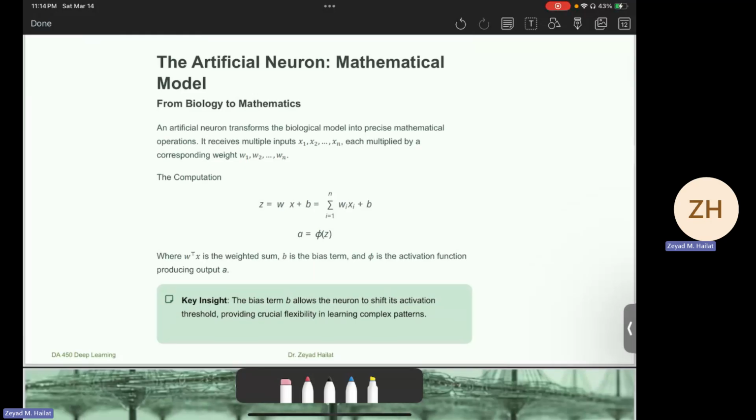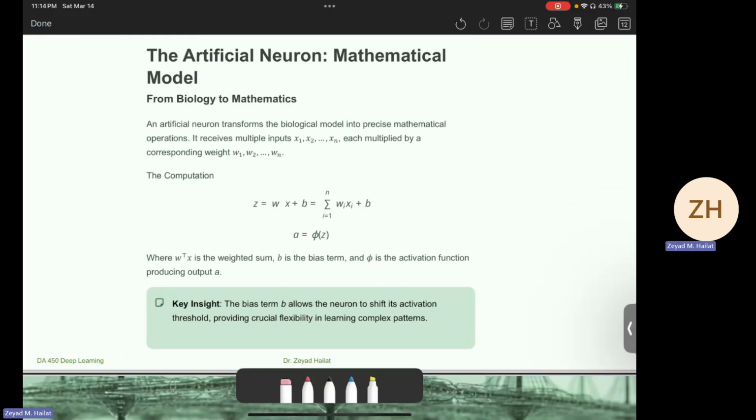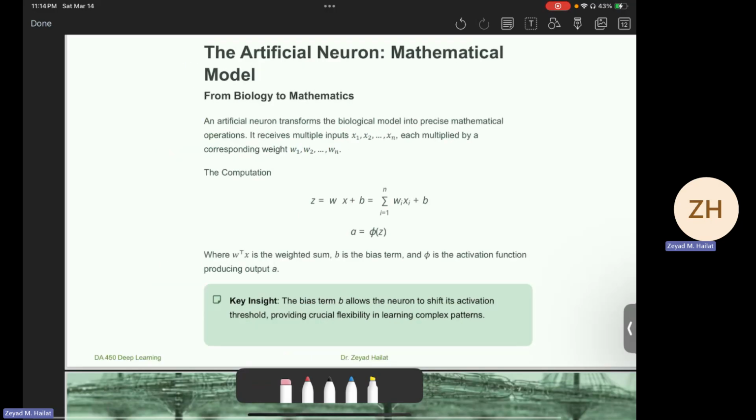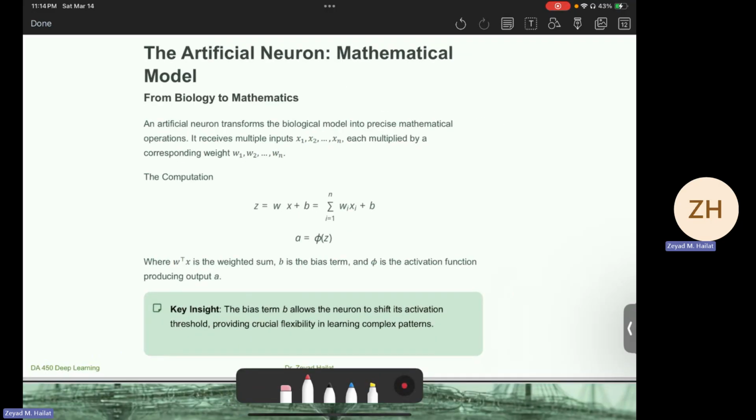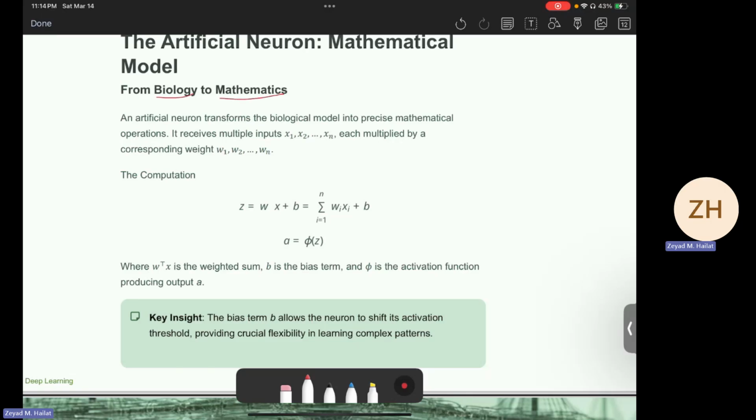Now, the artificial neural networks and the mathematics behind them. If we magnify and look at artificial neurons, what's the mathematical model behind it? From biology to mathematics, let's look at it. An artificial neuron transforms the biological model into precise mathematical operations.